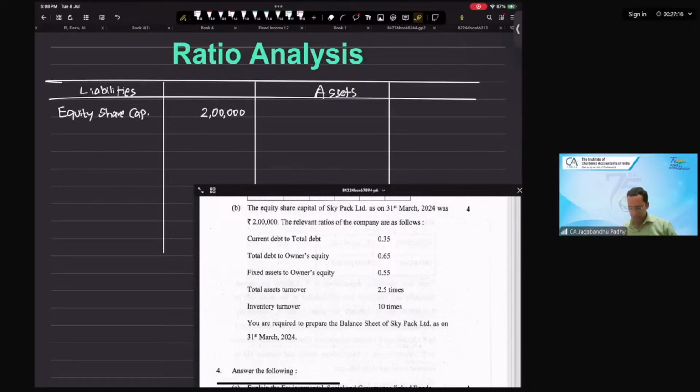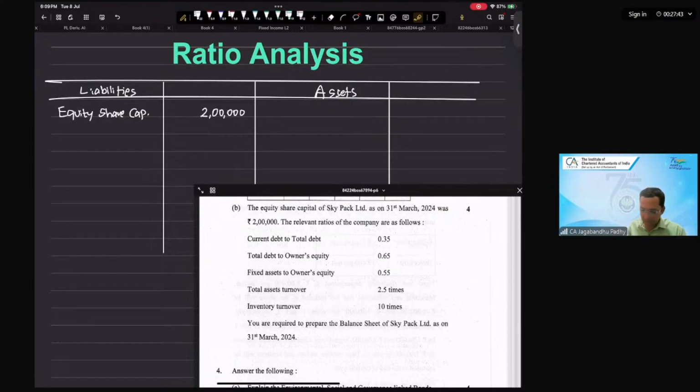this entire balance sheet. So from this, obviously, total debt to owner's equity is 0.65 and fixed assets to owner's equity is 0.55. Do we see any information with regards to the reserves?